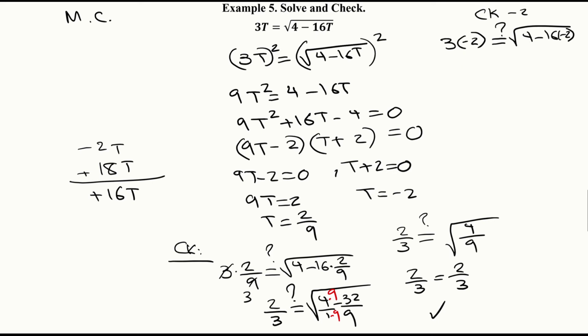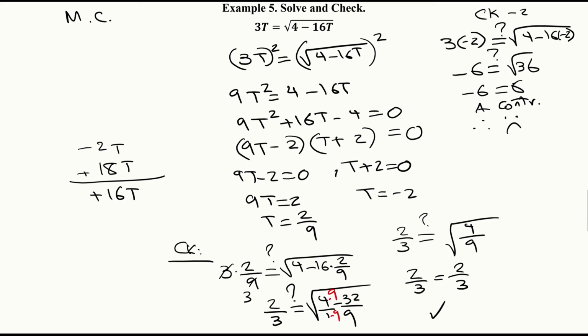But just to make it look a little bit nicer, let's go one more step. Negative 6, we want to know if it's equal to, this is positive 32, so the square root of 36. And of course, we know that negative 6 equals 6 is a contradiction. Therefore, this one did not work out.